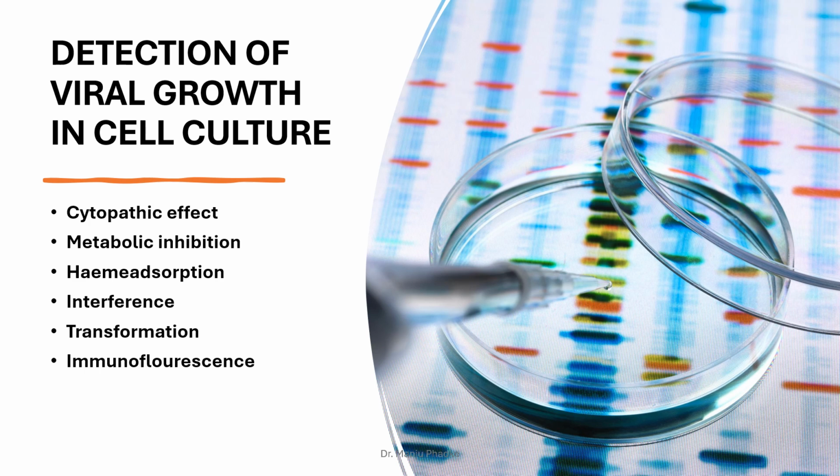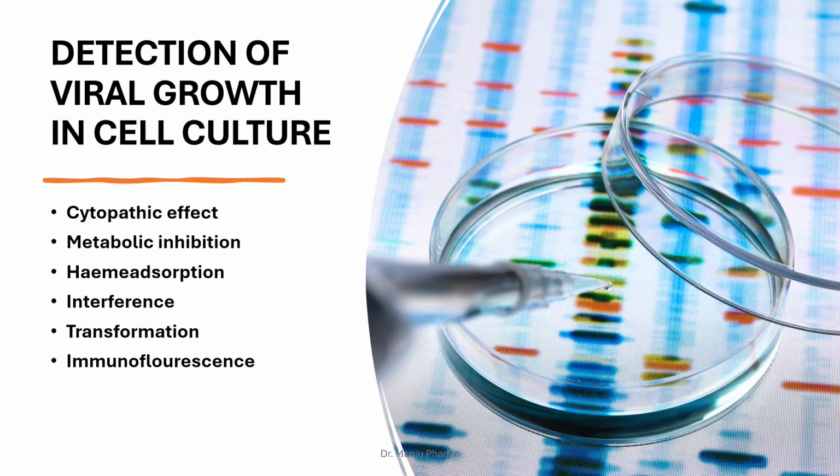Transformation is another method. This is limited again to the oncogenic viruses or the tumor-forming viruses. They induce cell transformation and loss of contact inhibition, so the growth will appear in a piled up manner and you will find the presence of microtumors. Immunofluorescence is a widely used method.